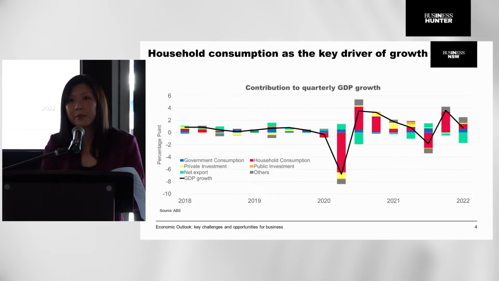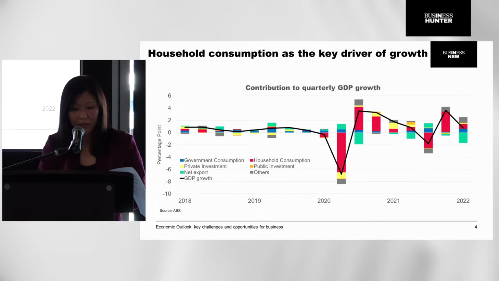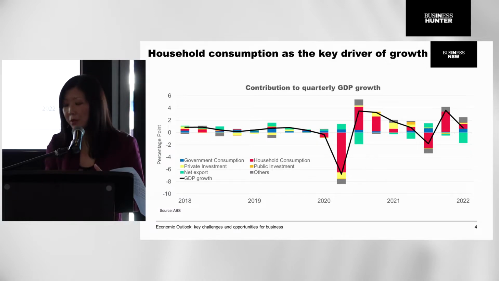For advanced economies like Australia, household consumption accounts for over 50% of GDP, and this is pretty common. So when household spending is strong, our economy tends to stay in good shape, and vice versa. This graph also shows you how restricted household spending during those lockdowns dragged on our overall economic performance, and also how a rebound in household spending helped with our economic recovery.